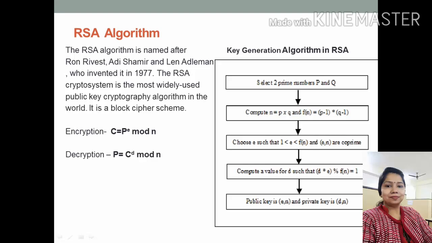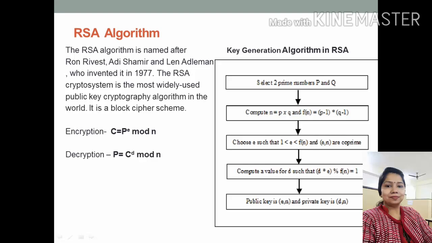So we take two prime numbers p and q. These are multiplied, p into q, and that makes n, and f(n) is also found out by deducting one from each and then multiplying them.